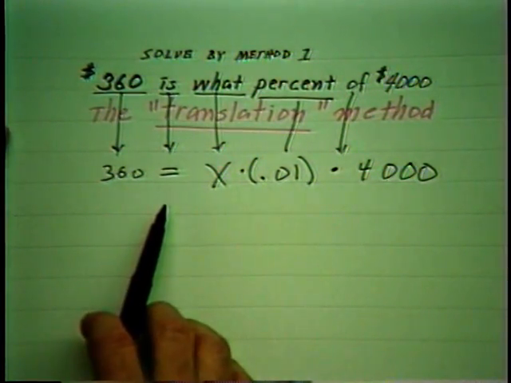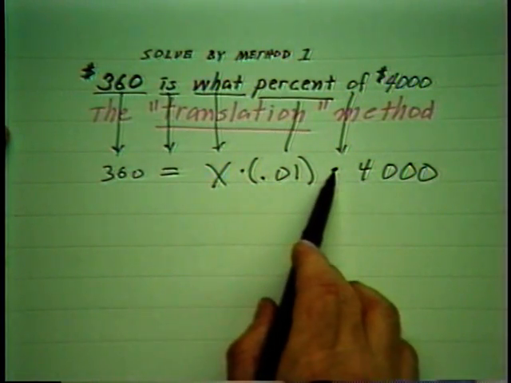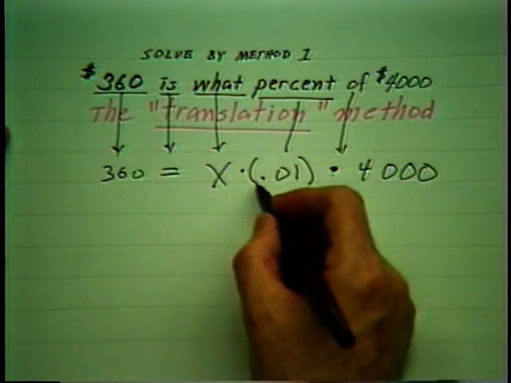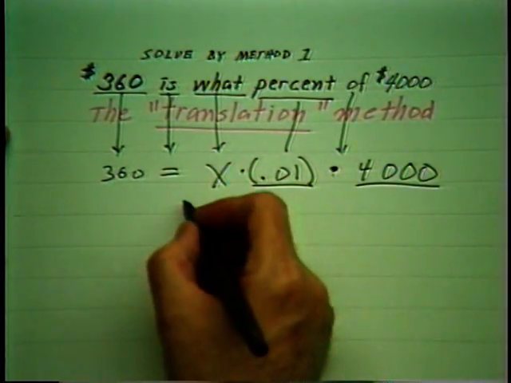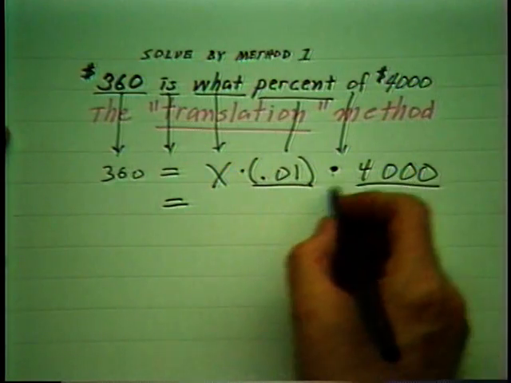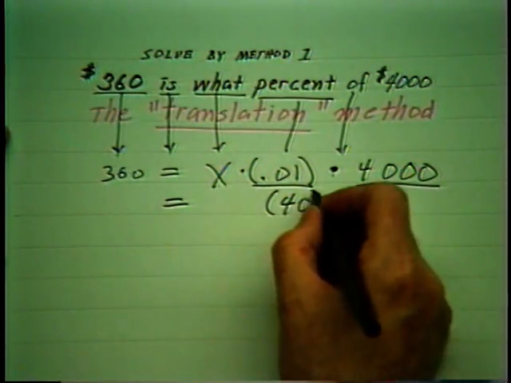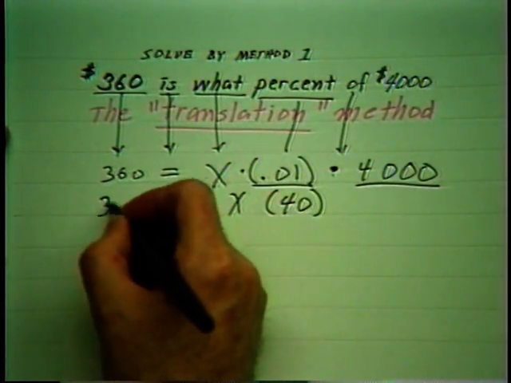Then in this equation, any arithmetic that is indicated that you can do, do it. So this says times, and it's between these two, so I'll do it, and I'll get 40 times the x.